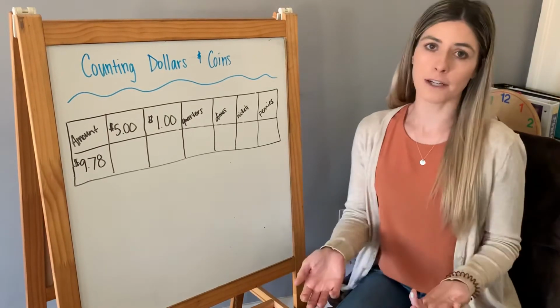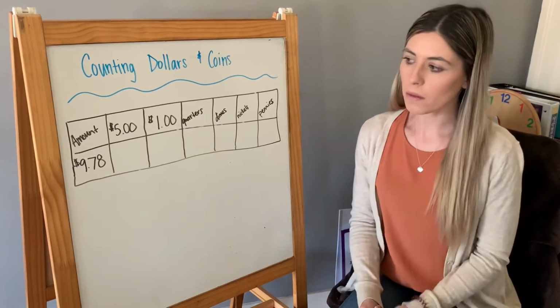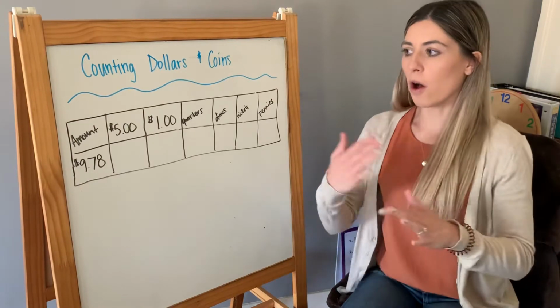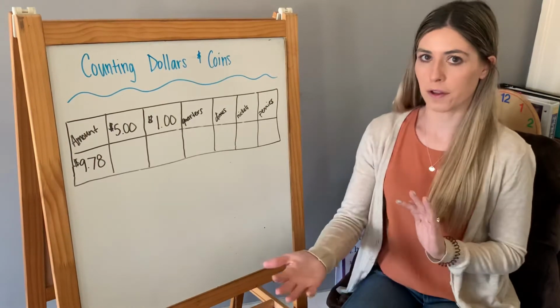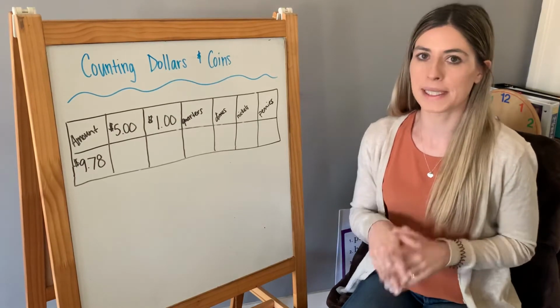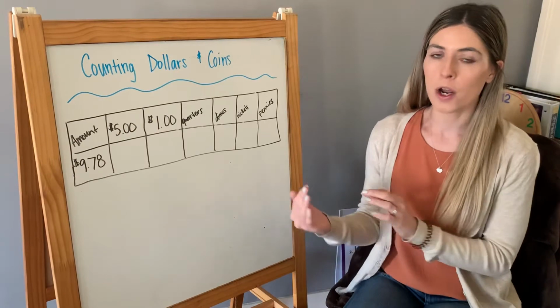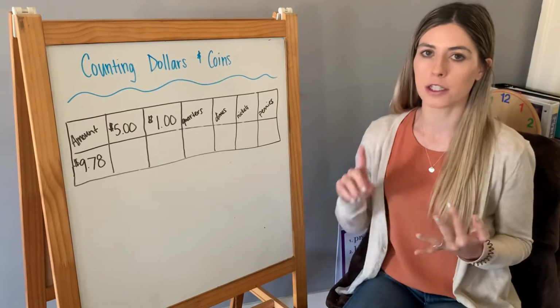When you're paying for something, you want to get as close to that number as you can. We also don't want to go over the number right now. Later we might practice that, but today we're going to count and get our money as close to that number with the lowest number of dollars and coins.